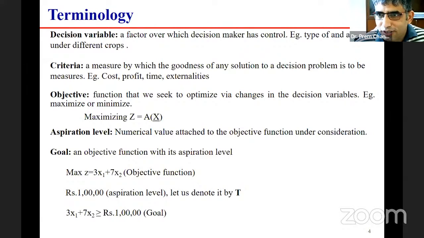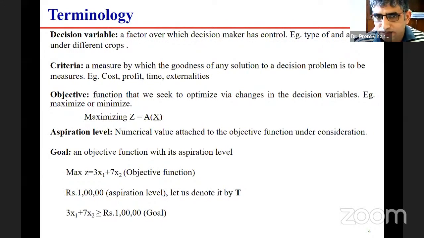We adjust our cropping in such a way that we can take 3 crops. So we are adjusting the time. Our criteria is time. Then externalities. Our criteria is generating minimum quantity of residues. So these are the criteria against which the solution is called good or bad.